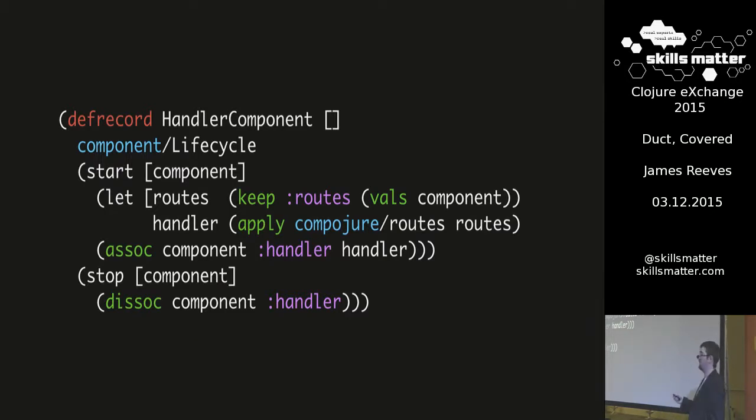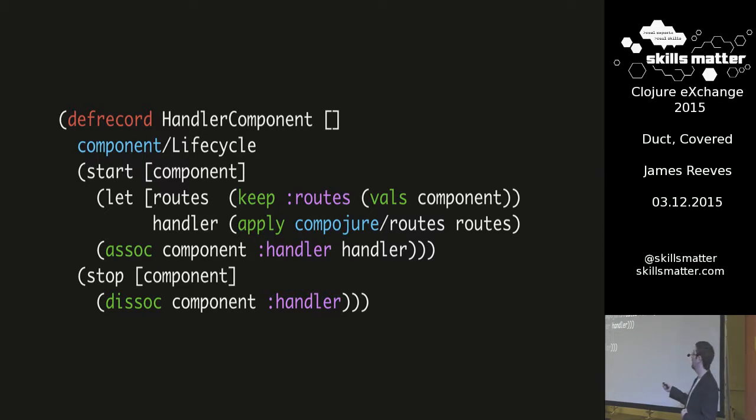Not exactly like this, because in Duct itself, the handler component does a lot more. It handles middleware and other things. But it roughly works like this. What it does is it looks for all of the dependencies in the component, and it keeps those which have roots.